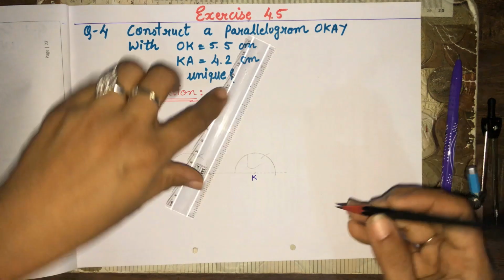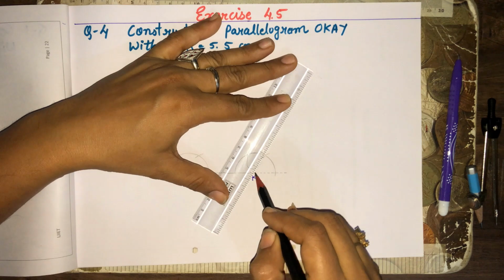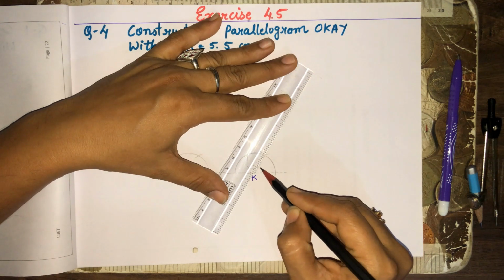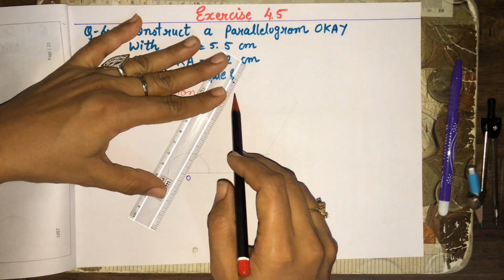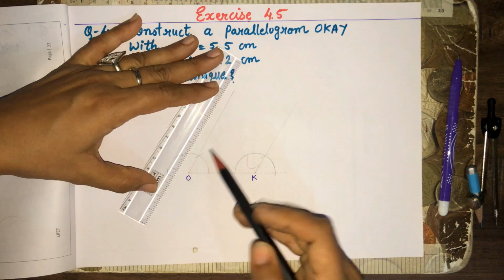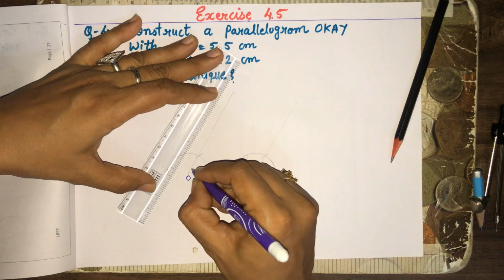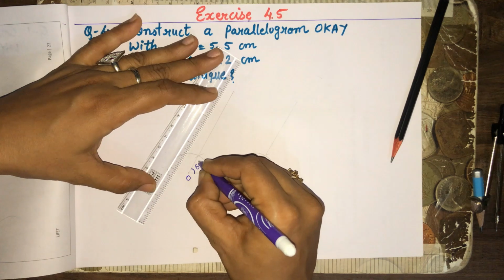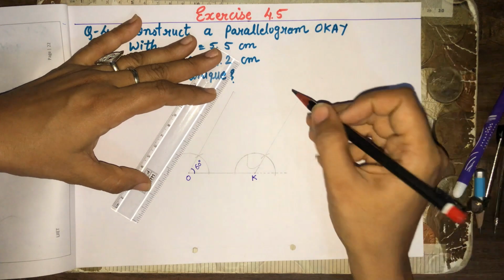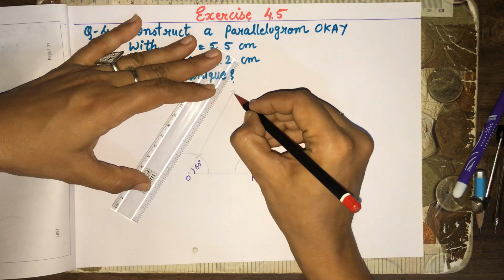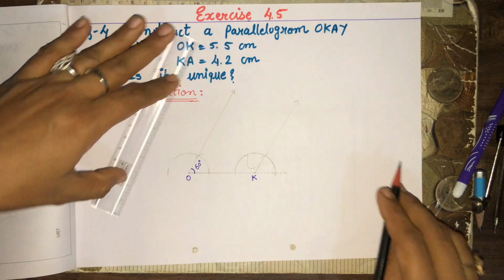So now if I draw this line from here, then this outside angle will be 60 degree, and at O this internal angle will be 60 degree. So this is 60 degree, and this external will be 60. Because it is a parallelogram, we have to draw one internal angle 60 degree and another external angle 60 degree.